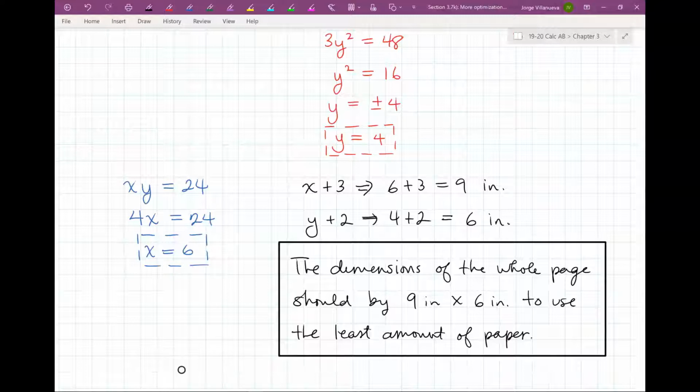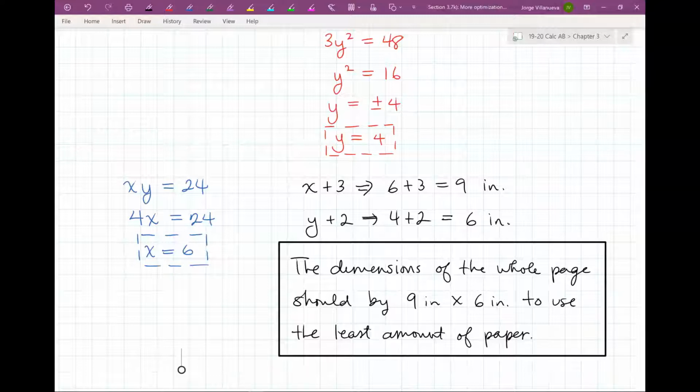Now, a lot of times people ask, how do I know I used the least amount of paper? Well, remember, we optimized it by taking a derivative and setting it equal to 0, which normally finds us the highest or lowest amount, right? The highest for how much paper you could use would be infinite, right? So it only makes sense that what we're solving for is the minimum.